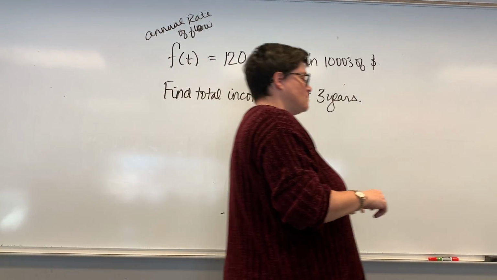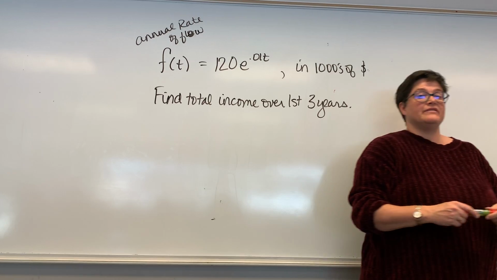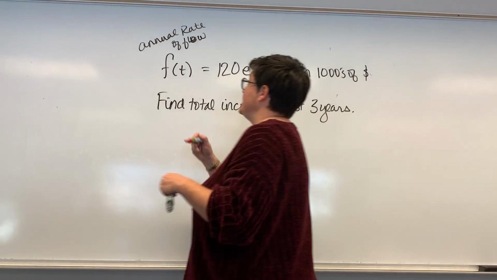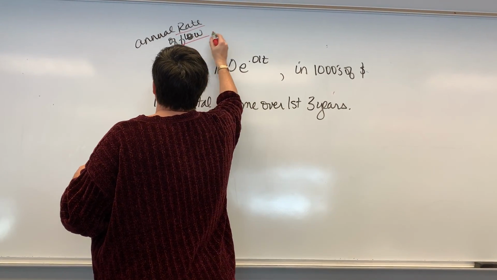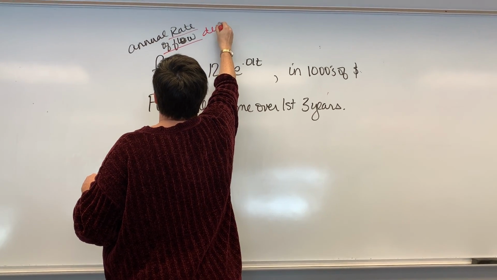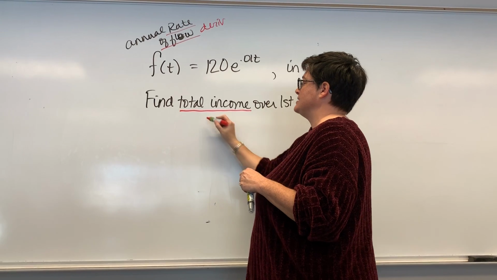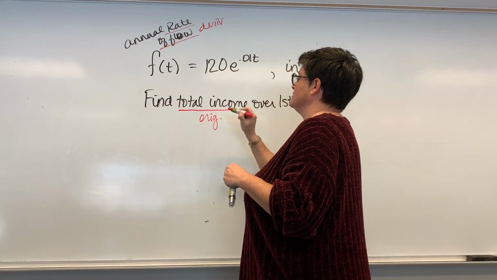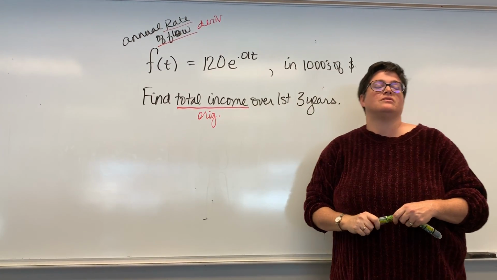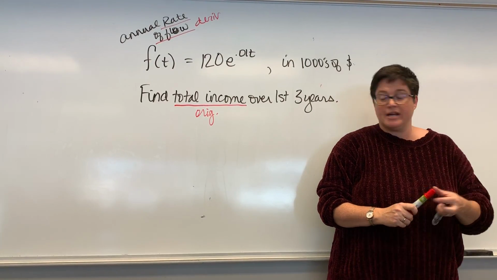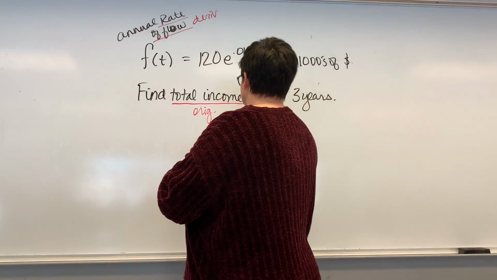We're given an annual rate of flow. That's a derivative, isn't it? And we're asked to find the total. That's the original. So how do we go from a derivative to the original? Yeah, we integrate.